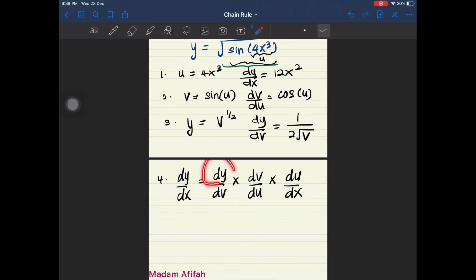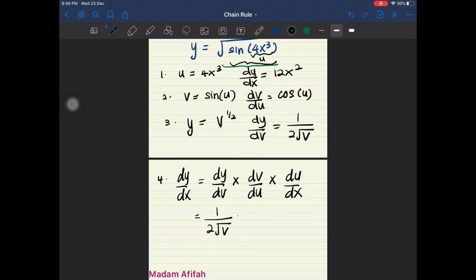How are you going to check? You need to make sure it starts with dy and ends with dx. Next, when we call chain, this one is equal to this one. Same goes for this one, it is equal to this one. If this is correct, then you may proceed. So just substitute what you have.